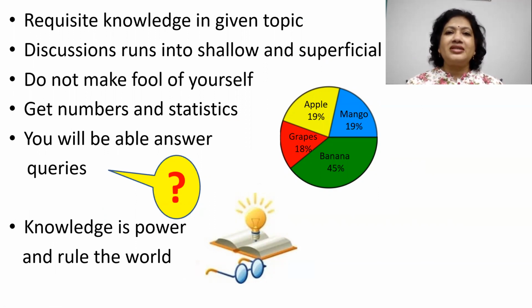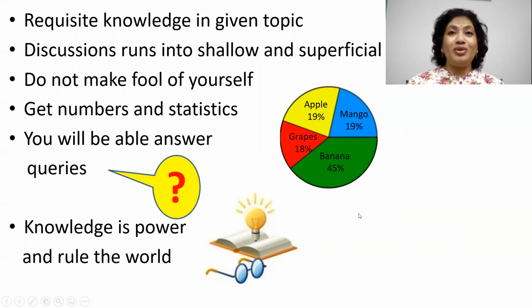Get numbers and statistics. Now here you have a graph. Suppose you have a discussion on fruits. You can say that based on the statistics, people love bananas more because 45% of the people love banana, and the least liked fruit is grapes, and apple and mango go hand in hand.